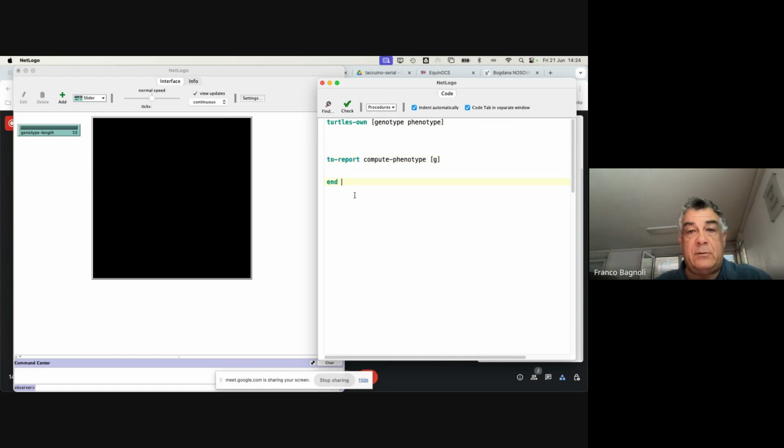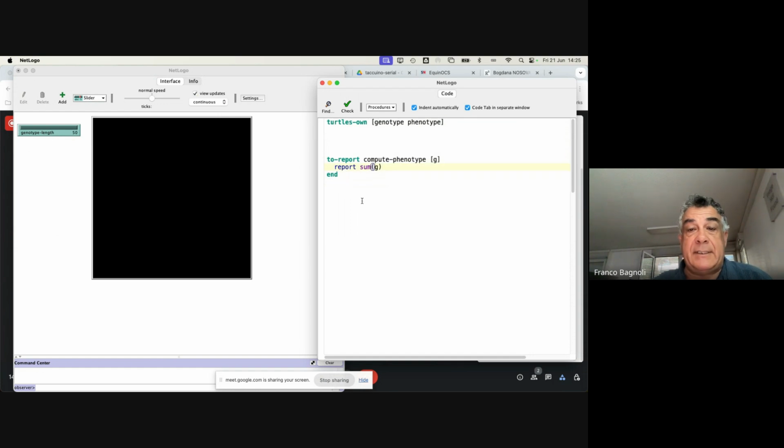This computes the phenotype given a genotype. For instance, for the moment, we can just say report sum of G, the number of ones.